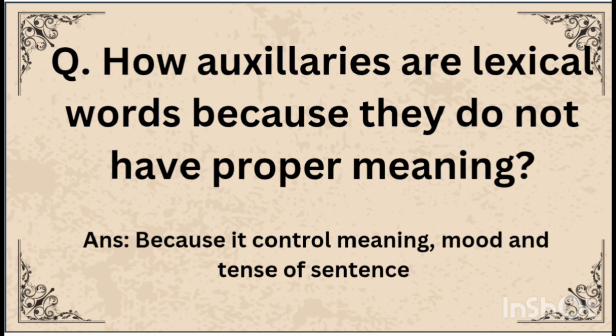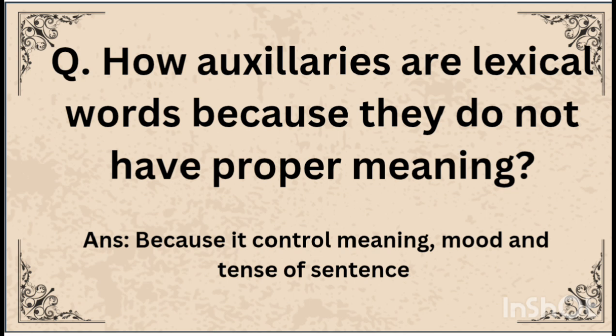Auxiliary verbs are to-be verbs like is, am, are, was, were, and have. These do not have proper meaning, so I got confused about how they can come under lexical morphemes. How are auxiliaries lexical words, because they do not have proper meaning?